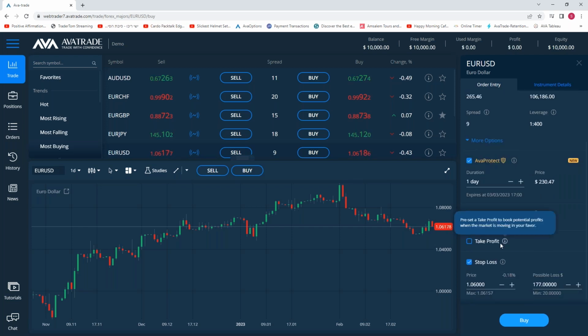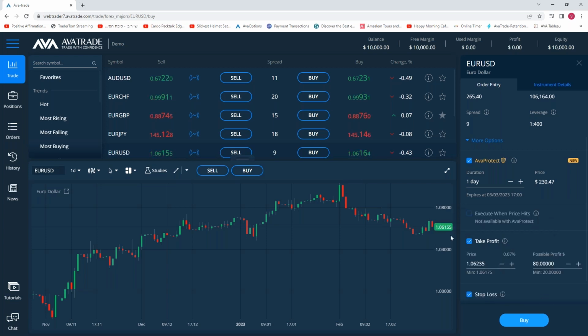And of course, the stop loss and take profit is right here. Okay, the numbers are okay, I got confused with all the zeros. So if you were to buy euro dollar now and set your stop loss at 106, it's a $160 loss.